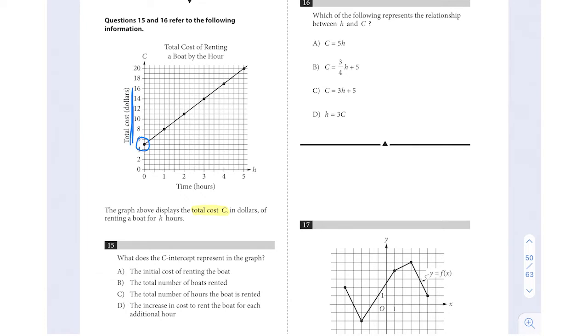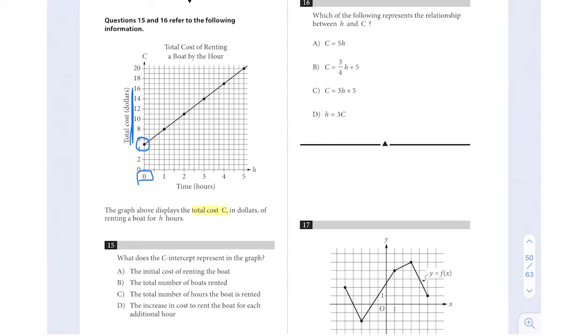When you're talking about the y-intercept, remember the y-intercept occurs when x equals 0. For our purposes here, that would be at time 0. So it's the cost for renting a boat at 0 hours, which means it is the initial cost. It's that upfront cost.